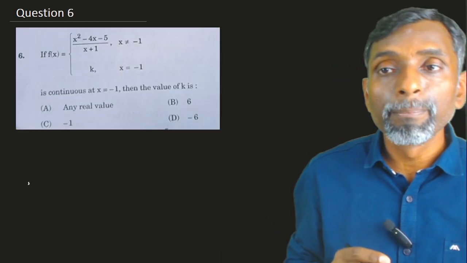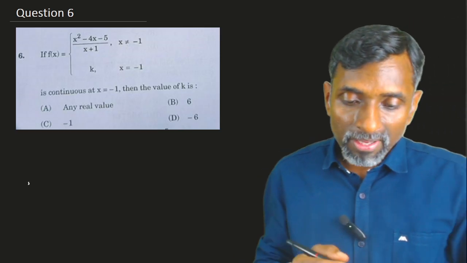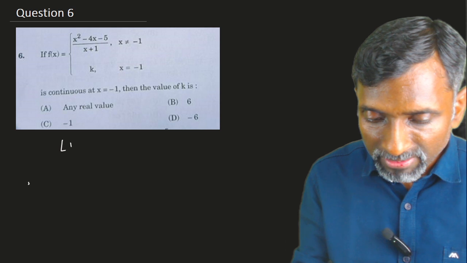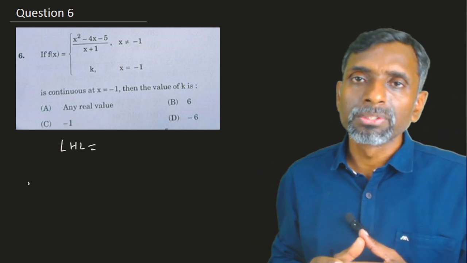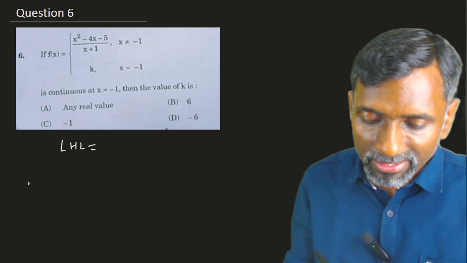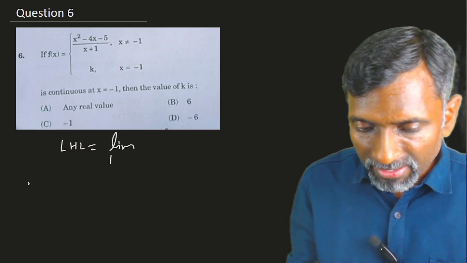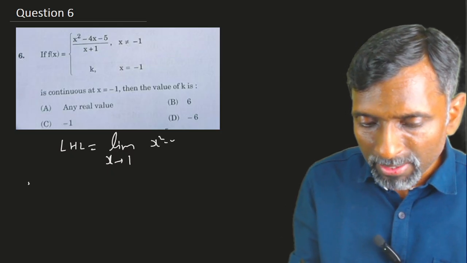It's a very simple question based on continuity and differentiability. If we can say this function is continuous, we can find the left hand limit. But again, this is a multiple choice question, so no need to solve it 100%. Just find the limit of x tends to minus 1 in x square minus 4x minus 5 by x plus 1.